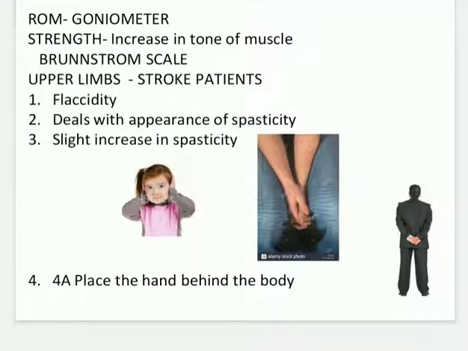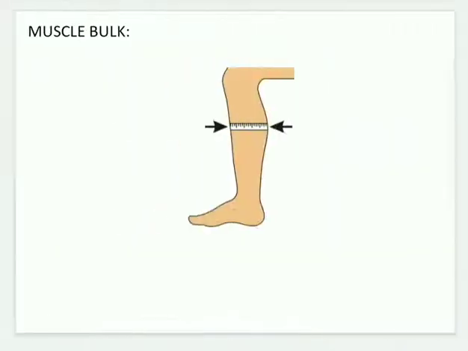The therapist should inspect the muscles and compare their size with the contralateral limb. If the muscles look flat or concave, it may indicate atrophy, which tells about muscle weakness.